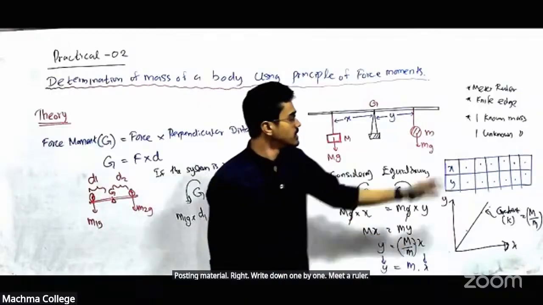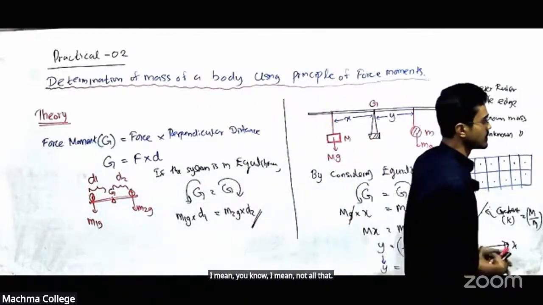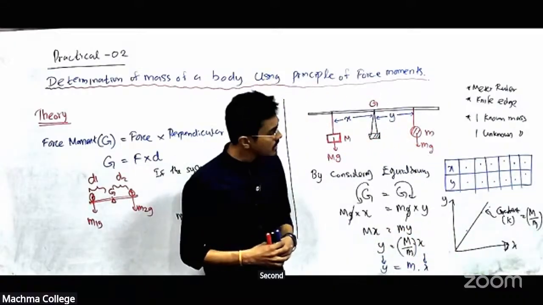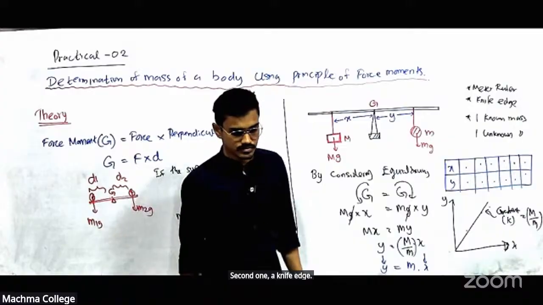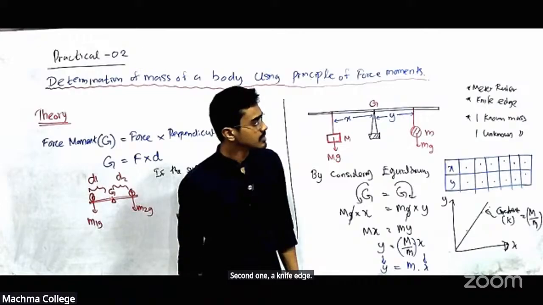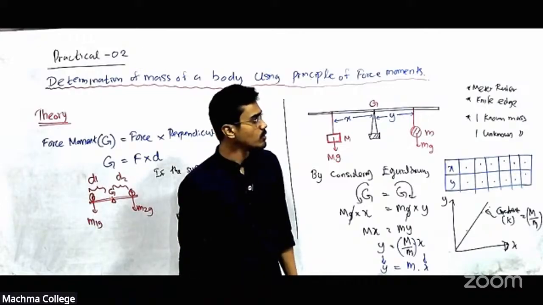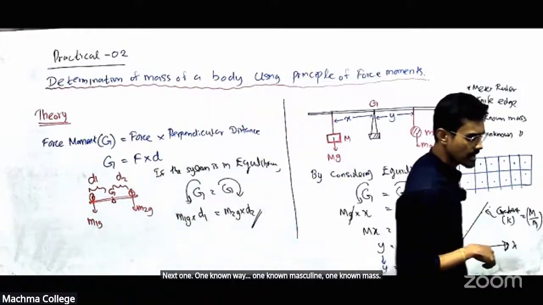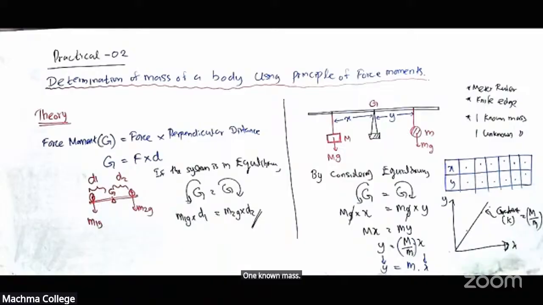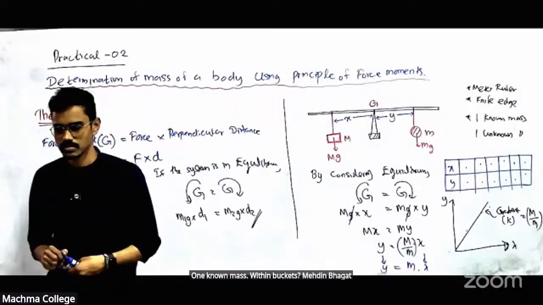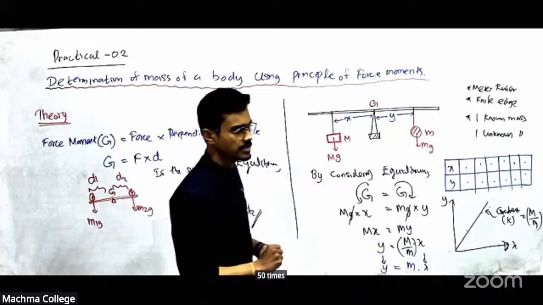A meter ruler. Second one, a knife edge. Next one, a known mass, within brackets 50 grams.